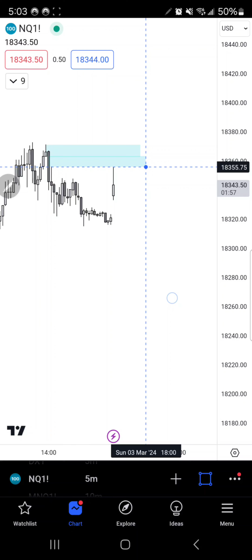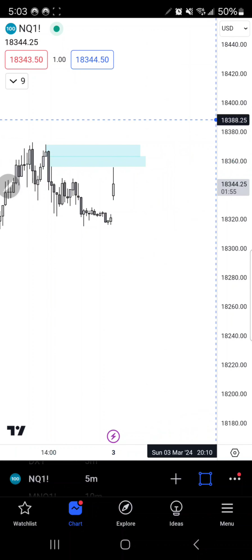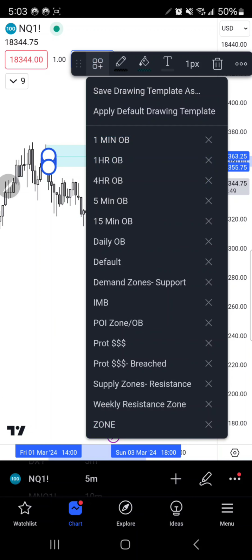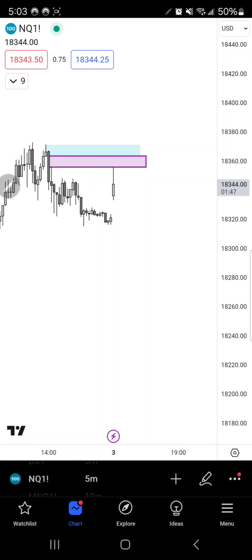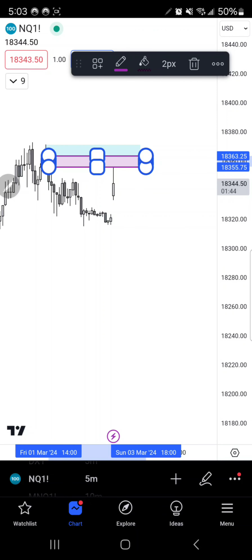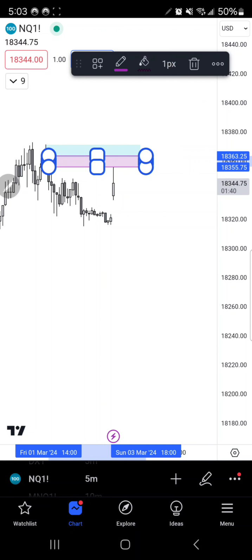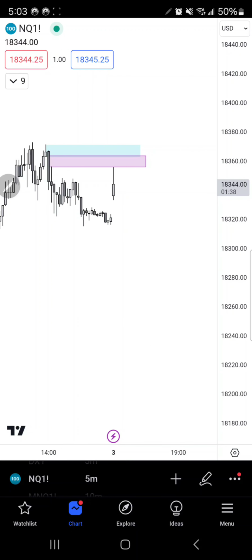So I marked up the gap as well, and I expected price to come in between at least the low of that last candle and the gap on the candle that I marked up. Basically, where those two boxes met was my preferred entry, right around there. Price came there, did that, and I went ahead and entered my trades on all my accounts.